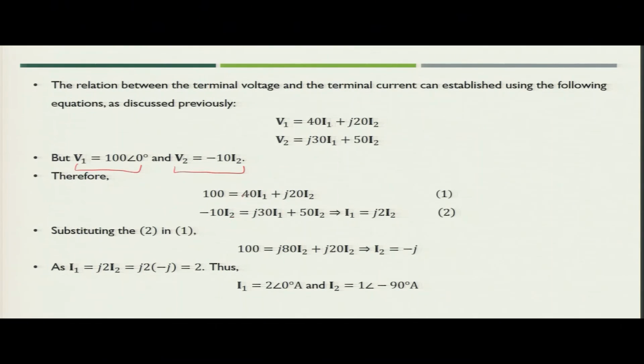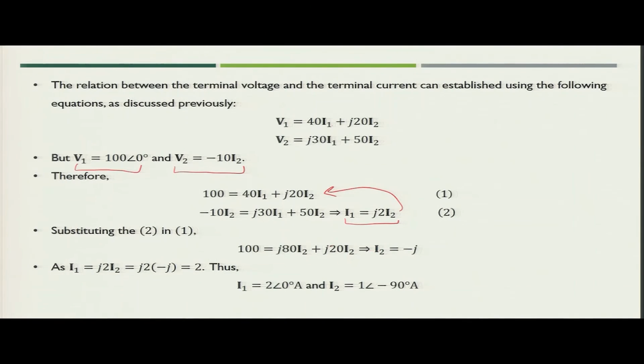when we put the value of V2 as minus 10 I2 in the second equation and simplify, we get I1 is nothing but equal to j times 2 I2. Now, if you put the value of I1 in equation 1, you can say that 100 is equal to j times 80 I2, plus j times 20 I2 equal to 100.